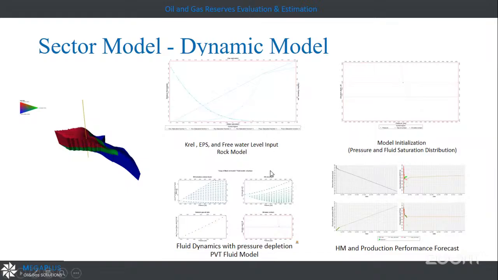This is called model initialization. Then I make an input with the PVT, or the fluid behavior changes with pressure, as you saw in the CCE and the DV lab test: across each pressure, the formation volume factor and the dissolved gases.